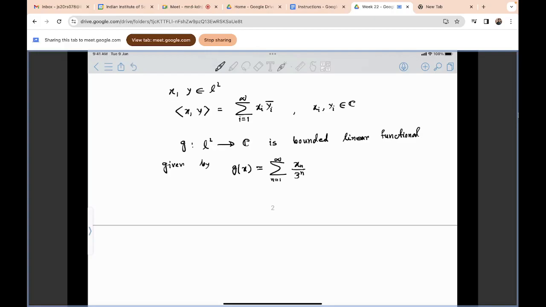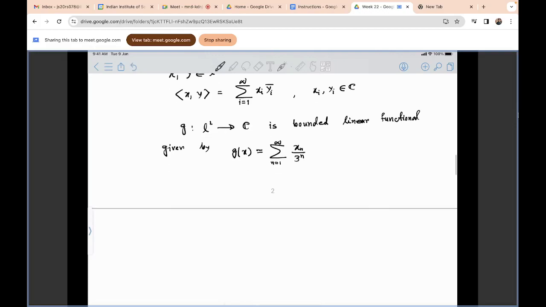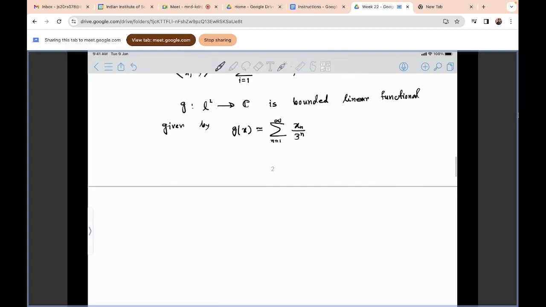As this is a bounded linear functional, by the Riesz representation theorem, which I am calling RRT, we know G of x is the inner product of x with y for some unique y.